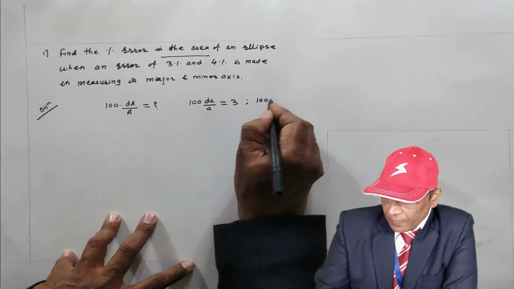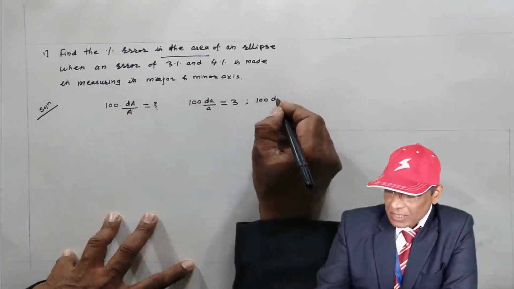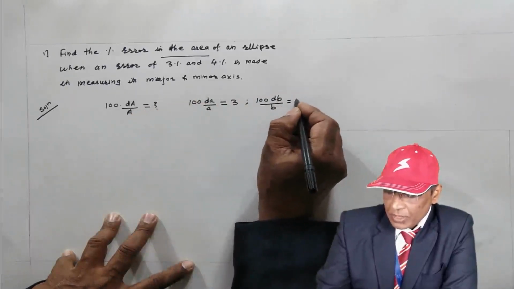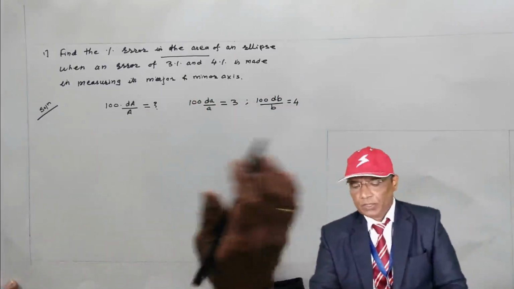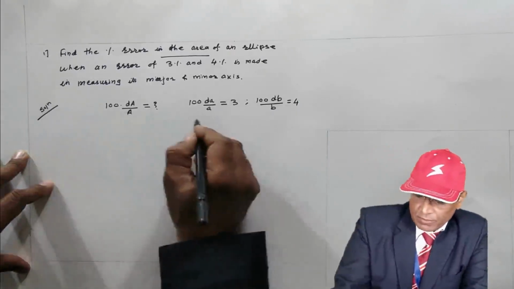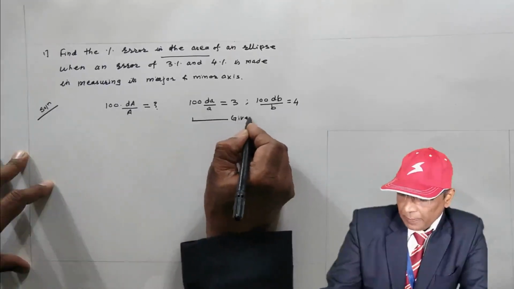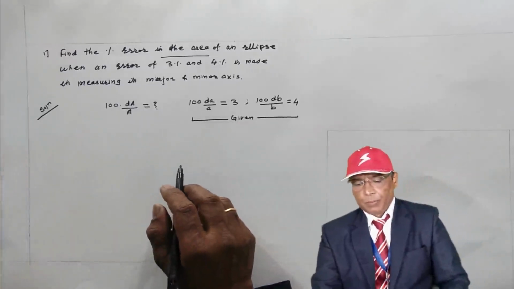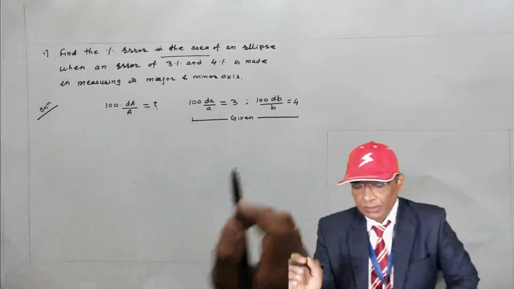Percentage error in the minor axis, if I call the length of the minor axis b, 100 db by b is 4. So this is given here, and we have to find the percentage error in area.